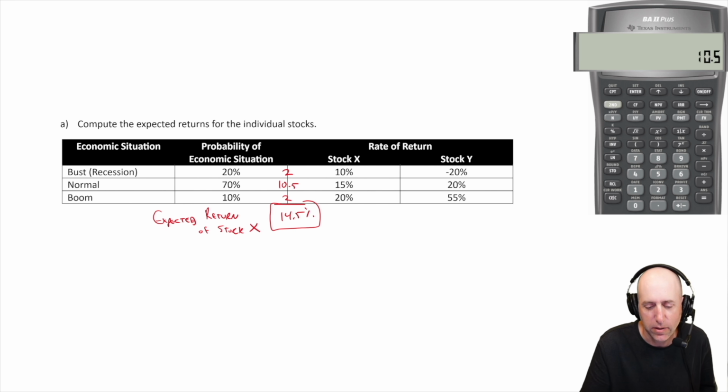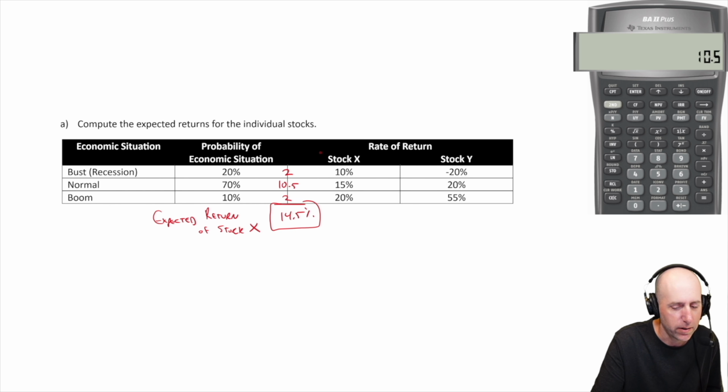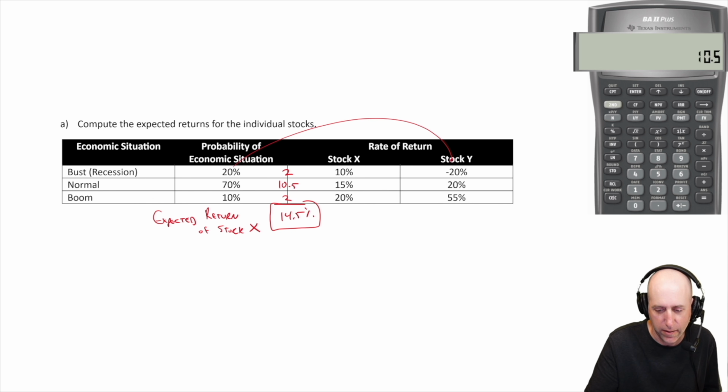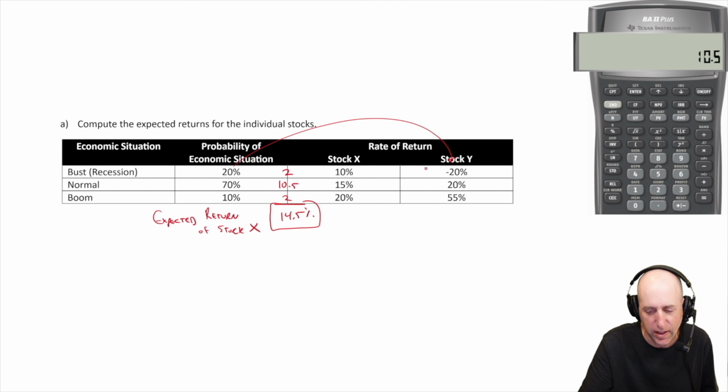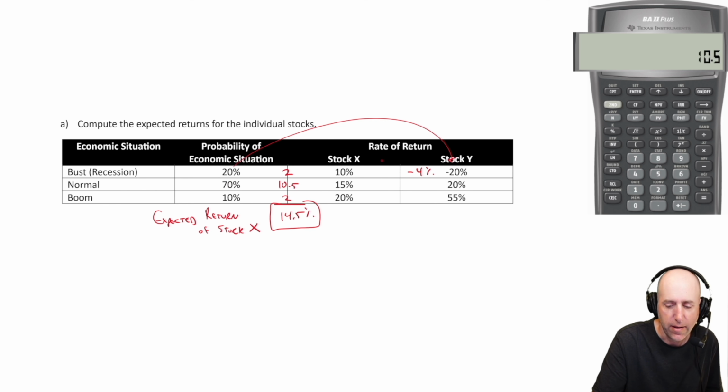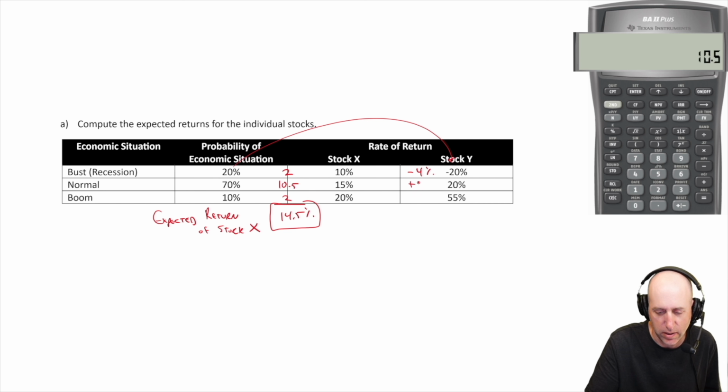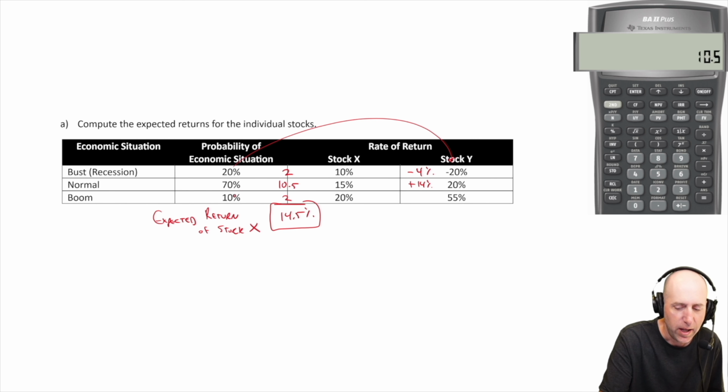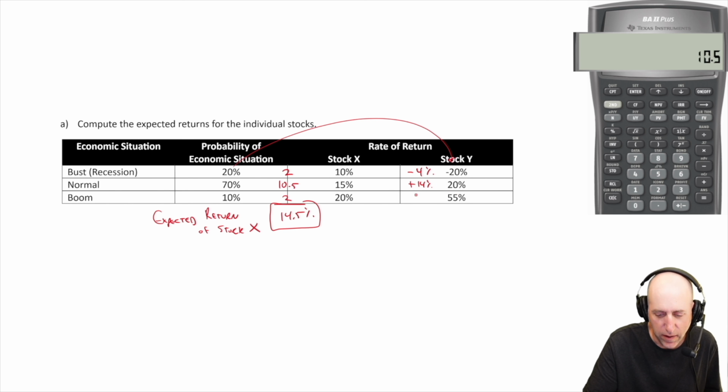My expected return of stock Y: there is a 20% chance we're going to have a negative 20% return. So negative 20% times negative 20% is negative 4%. 70% chance of a 20% return, that's positive 14, and 10% chance of a 55% return, that's 5.5.